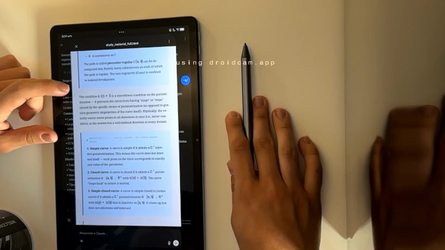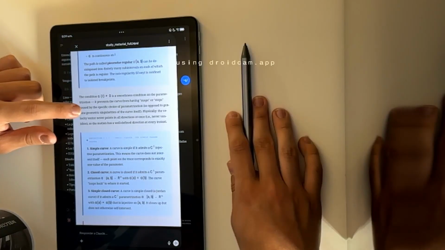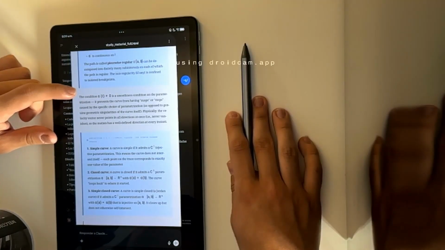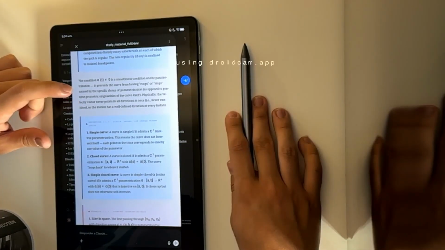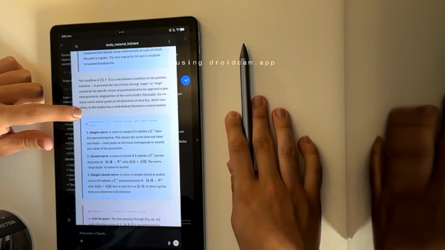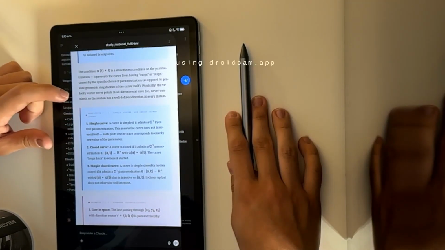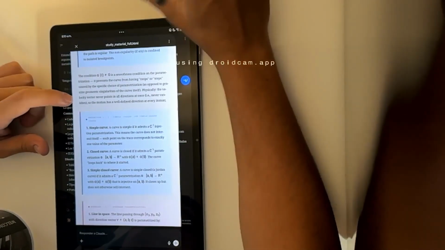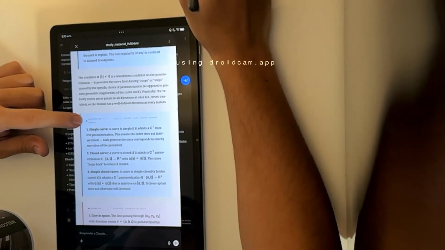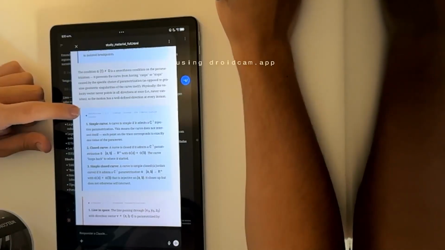It prevents the curve from having cusps or stops caused by the specific choice of parametrization, as opposed to genuine geometric singularities of the curve itself. Physically, the velocity vector never vanishes, so the motion has a well-defined direction at every instant.